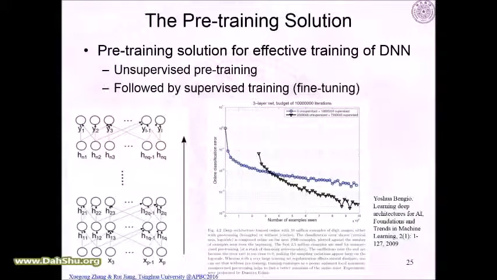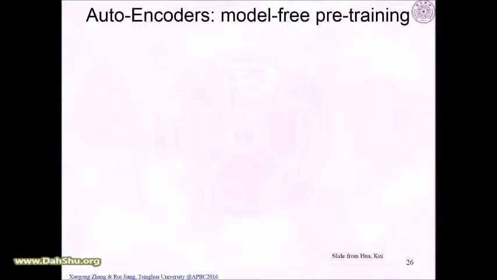So the idea is that we introduce unsupervised pre-training for the neural network, followed by supervised fine-tuning at the end. A famous example of this idea is the autoencoder. It's a particular type of neural network, a kind of model-free pre-training.